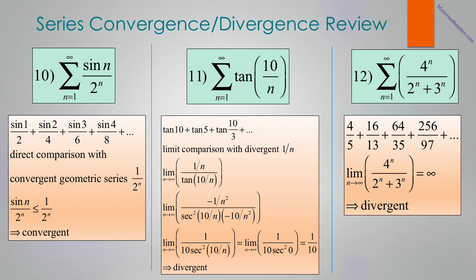We can see that the numerator is getting bigger much faster than the denominator, as we see when looking at the terms. Interestingly enough, we could multiply the denominator by 1 trillion and it wouldn't make any difference. 4 to the n is ultimately more powerful than the terms in the denominator.